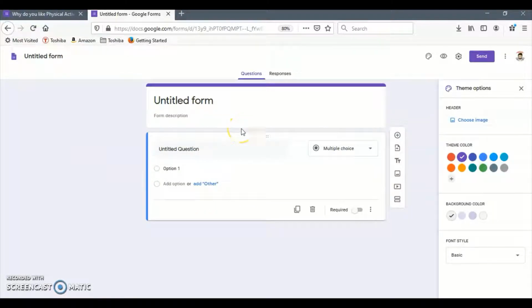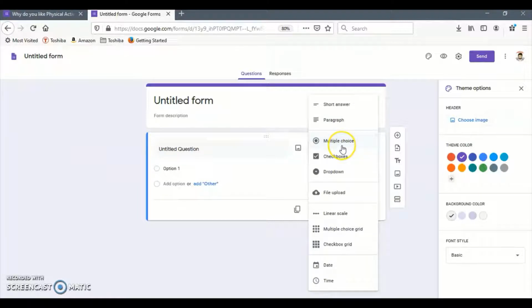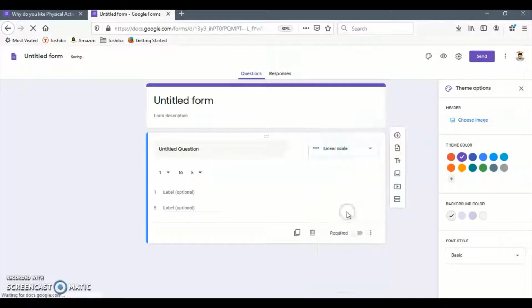Next, I decided how I wanted my questions to be oriented. I didn't really want multiple choice or any of these, but I did pick a linear scale. I picked 1 to 3, 3 being very good, 2 in the middle, and 1 being not so good. And I continued to add questions until I had the amount that I felt would make the survey most effective.